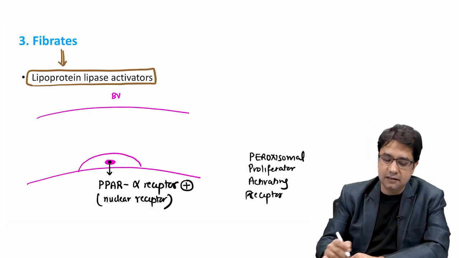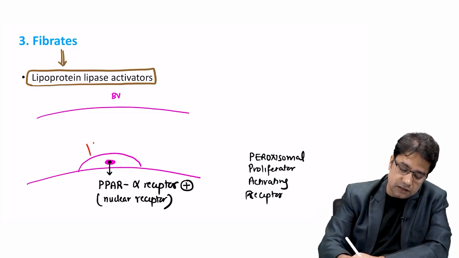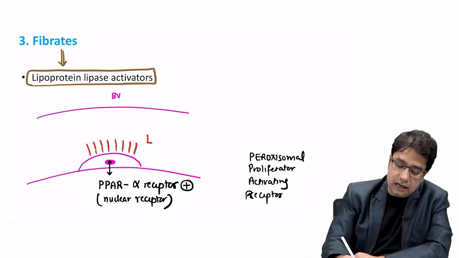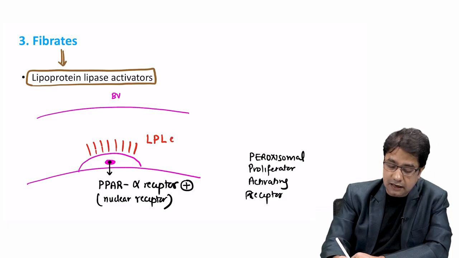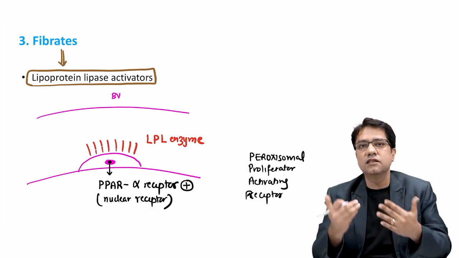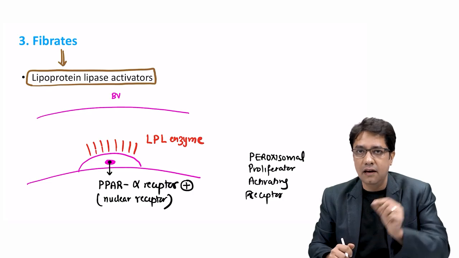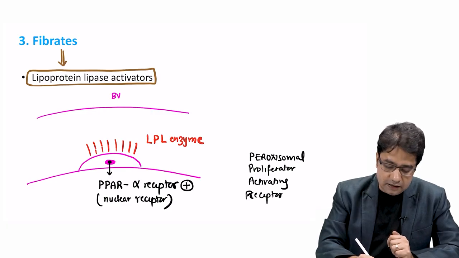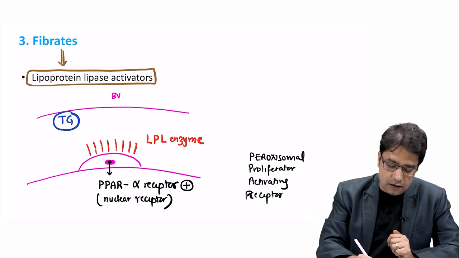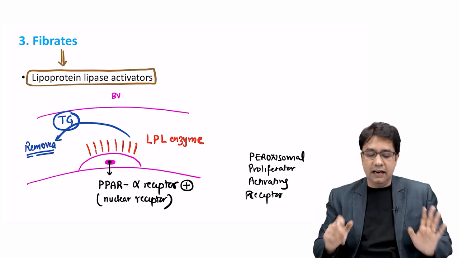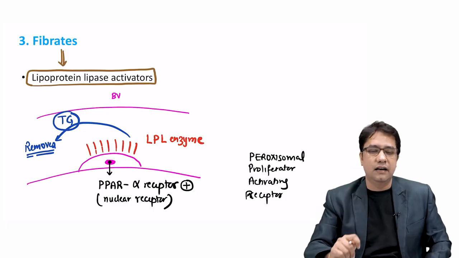Fibrates activate this receptor, and when this receptor becomes activated, on the surface of endothelial cells the lipoprotein lipase enzyme comes. So this receptor is responsible for synthesis of the lipoprotein lipase enzyme. And we discussed just now that lipoprotein lipase enzyme inside the blood removes triglyceride from the blood. So the main action of fibrate is to remove triglyceride from the blood.